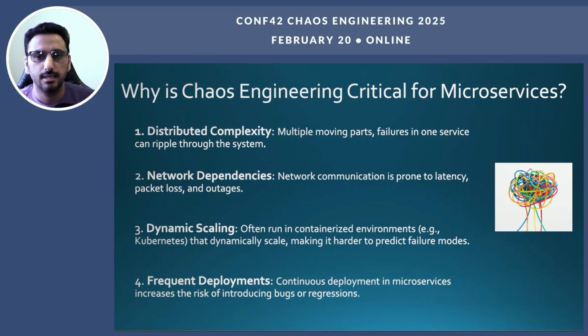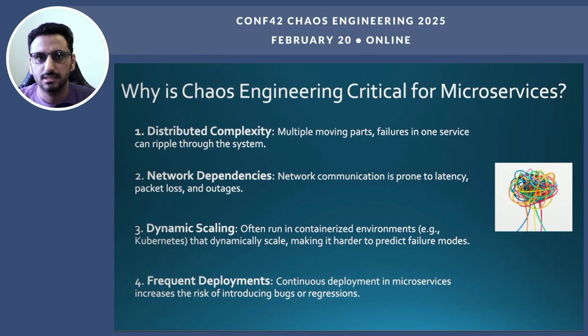The next is the network dependencies. As we have seen in the previous slide, microservices communicate over networks, and networks are prone to latency, packet loss, and outages. There can be a lot of stuff which goes wrong in the network. The third thing is dynamic scaling.